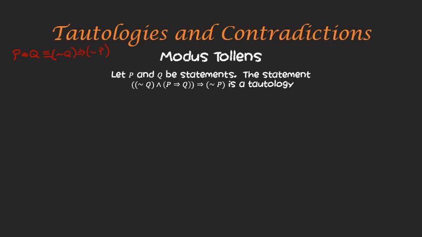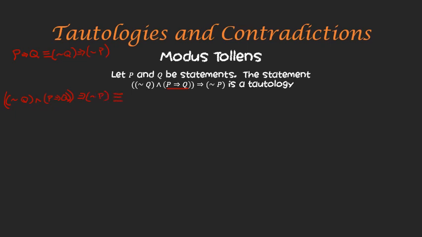And so what I'll do here is I'll rewrite P implies Q using its contrapositive. So first I'll just start by rewriting the entire statement. I need another parenthesis here. Not Q and P implies Q implies not P.